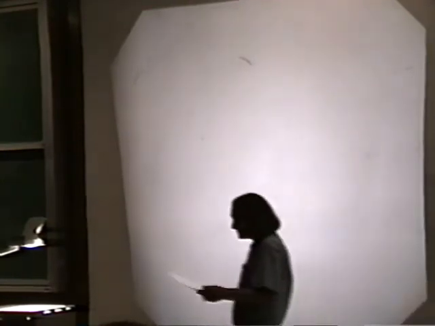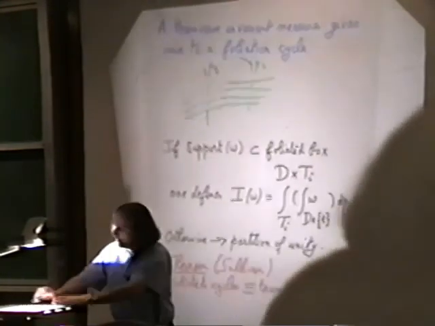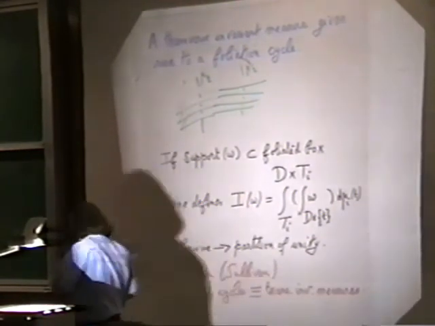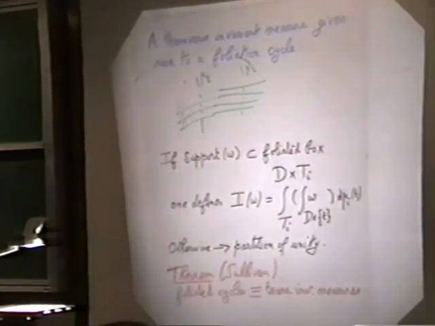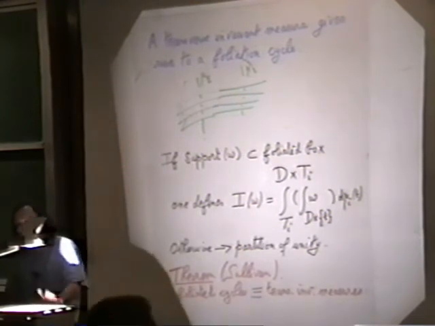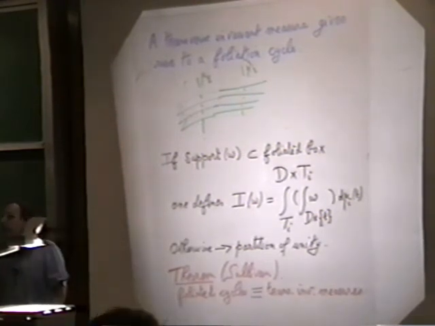We had several discussions about transverse invariant measures, and let me say that quickly. If you have an invariant measure for the lamination, you can define a foliation cycle.